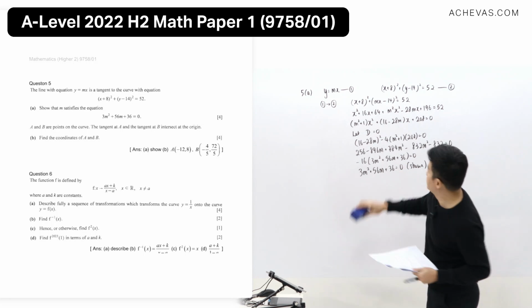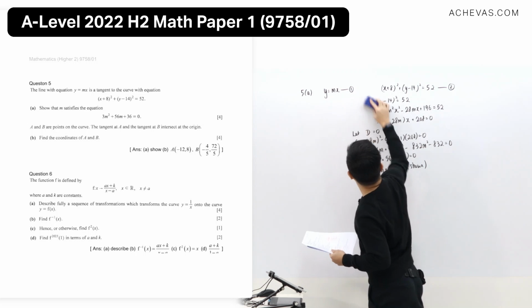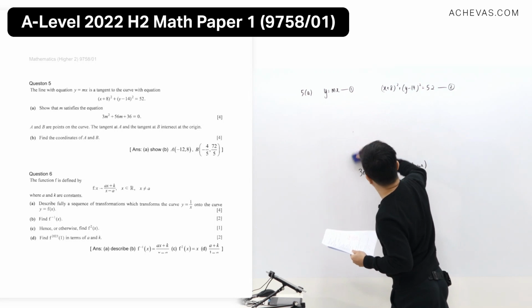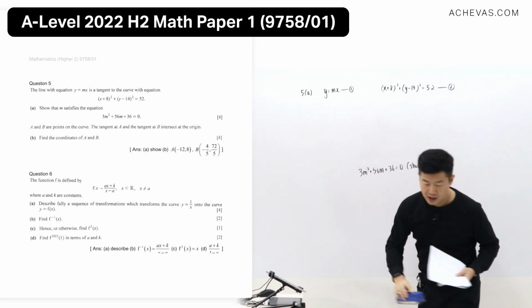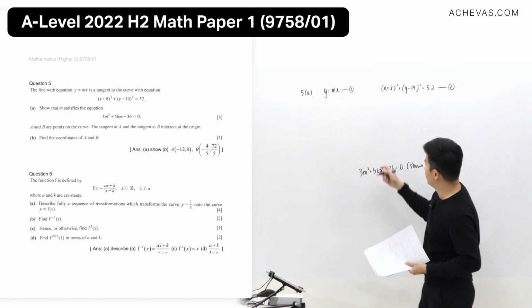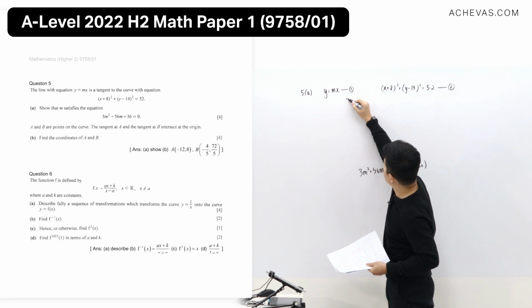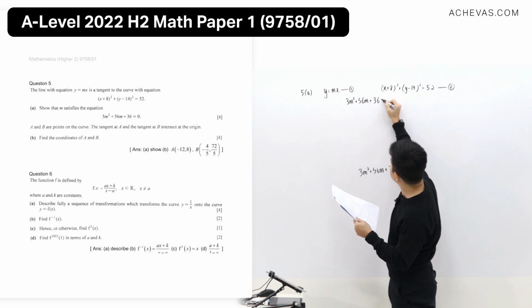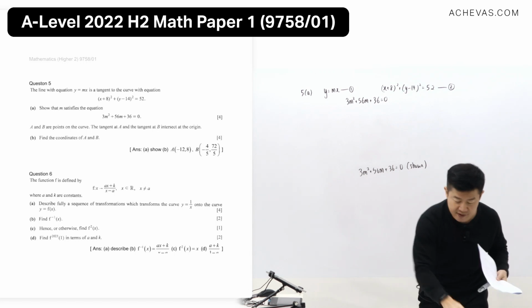Let me erase this first. And we have this, which is 3m² + 56m + 36 = 0.